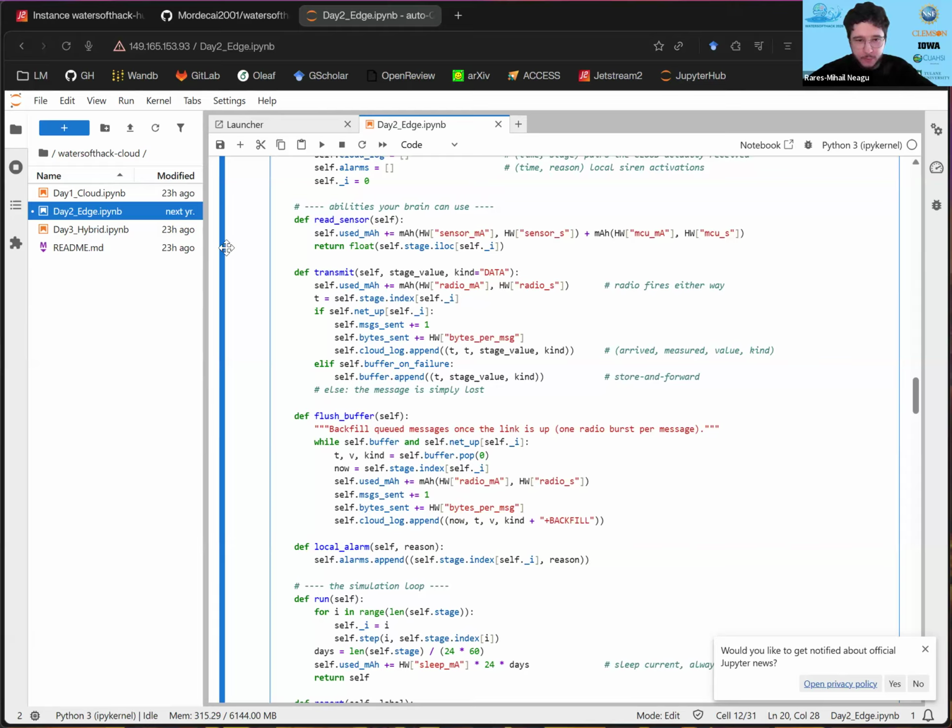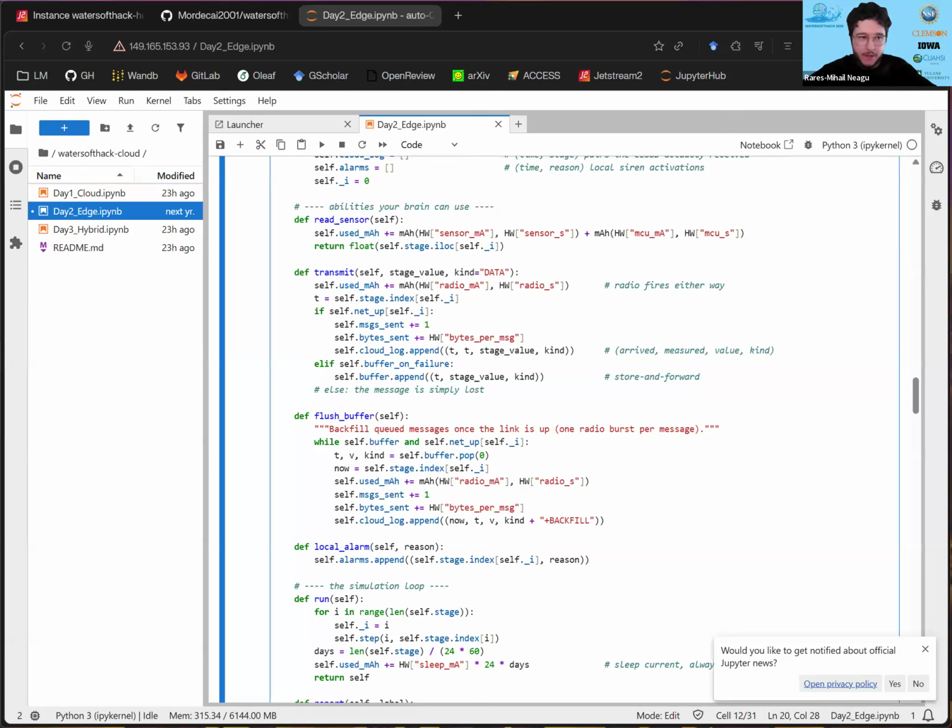We're going to call it ability two, which is transmit. Sending always burns radio energy. That's the main problem, even if it fails, because the radio is still going to physically try to send the message. If the network is up and the cloud receives it, we're going to log and count it.